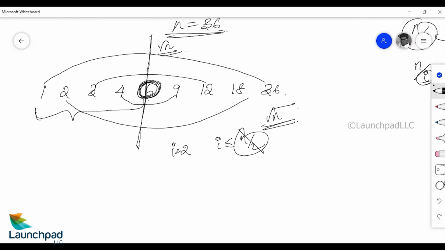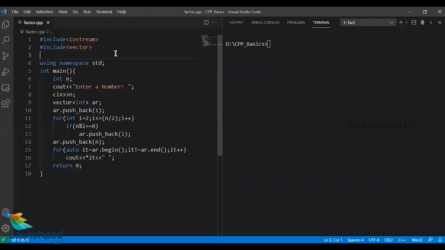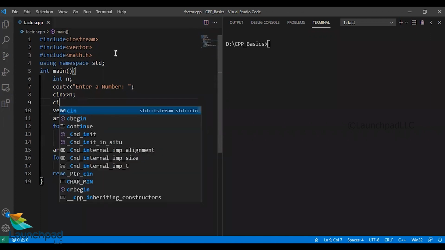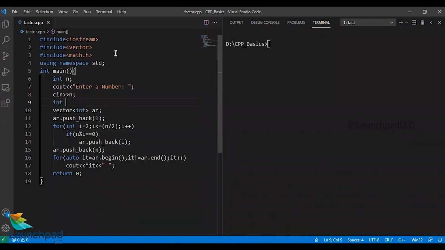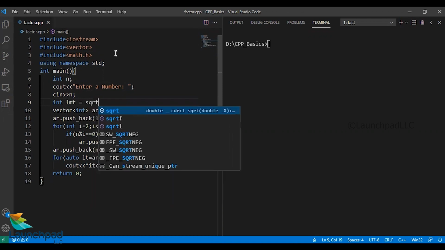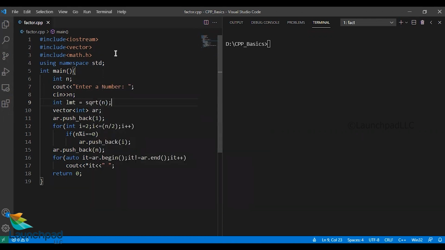Let us get back to our coding window. In this place, I would like to include math.h, the header file which we need. And in order to use it, I need an integer variable, int lmt, equal to the square root of the given number. The square root function returns a double value, and that is being stored in an integer variable, so it gets truncated.